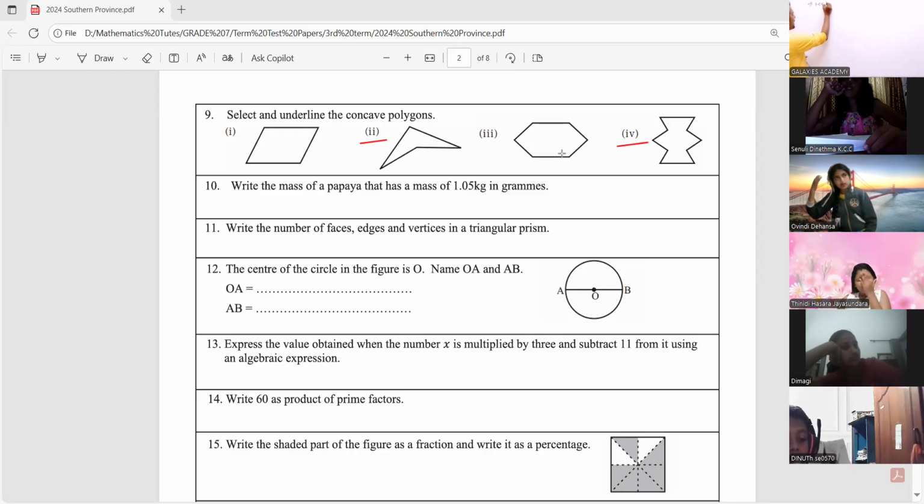You have to write in grams. That means you have to convert into grams.